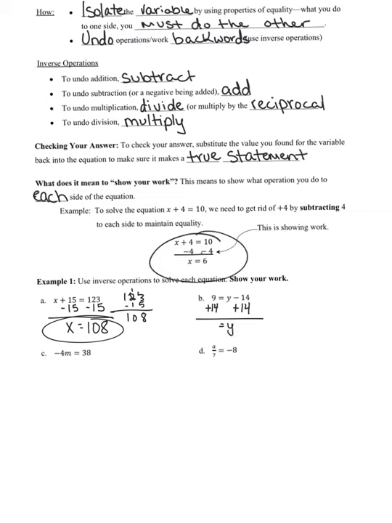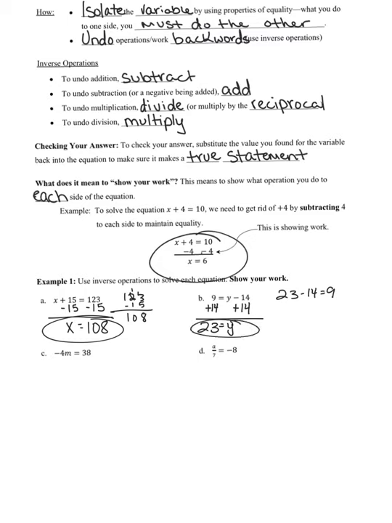So now I'm going to take my 14 plus 9, which is 23. Again, substitution. If I put 23 in place of y, 23 minus 14 equals 9. So I know I've solved this correctly for y.